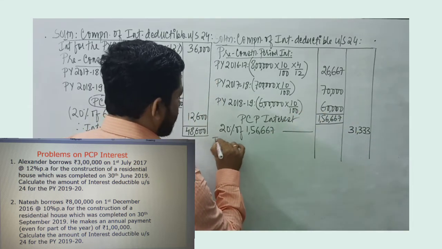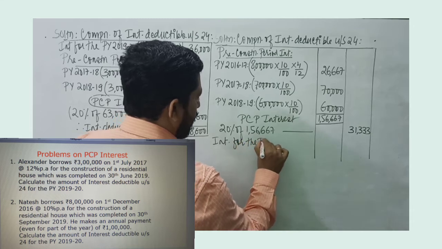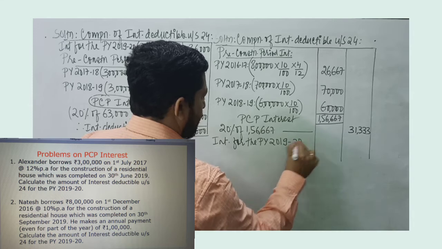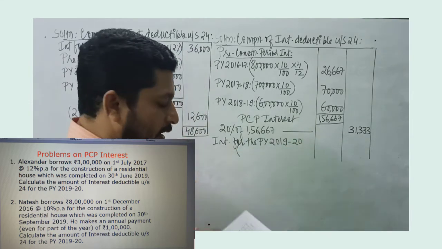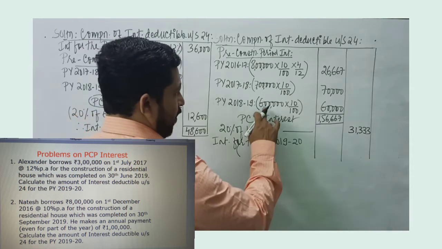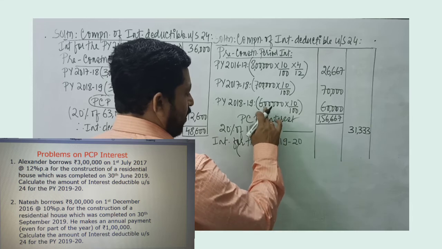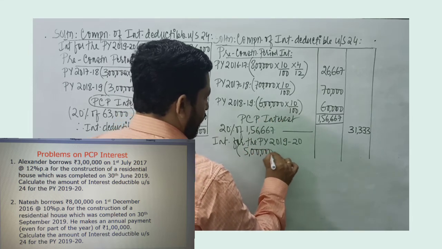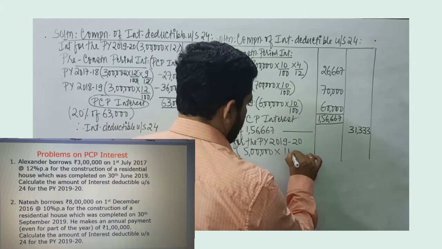Next we take interest for the previous year 19-20. Point to note, the construction is completed, and in the year in which the construction is completed, the entire amount of interest is deductible. Now 6 lakh was the amount, so for 19-20, the amount due will be only 5 lakh rupees. So 5 lakh, and the rate of interest given is 10%.